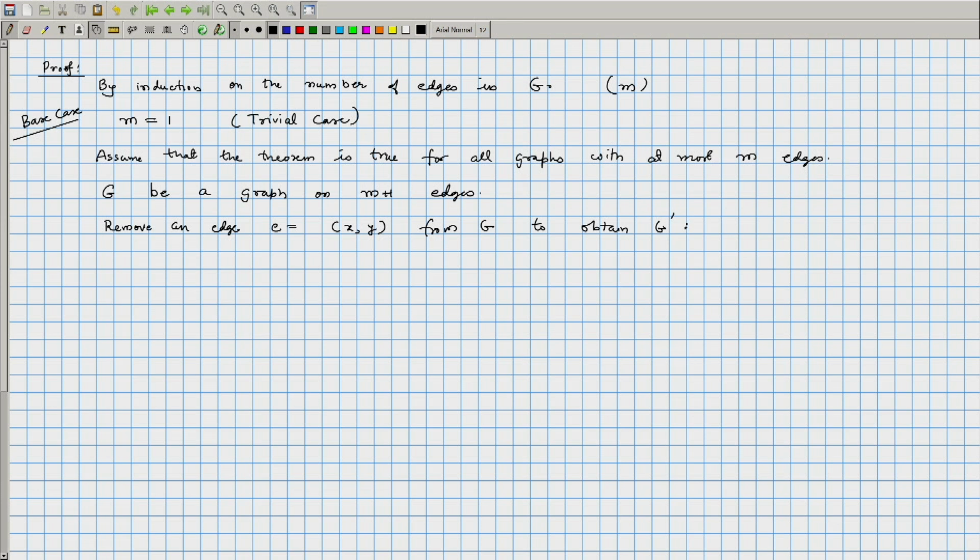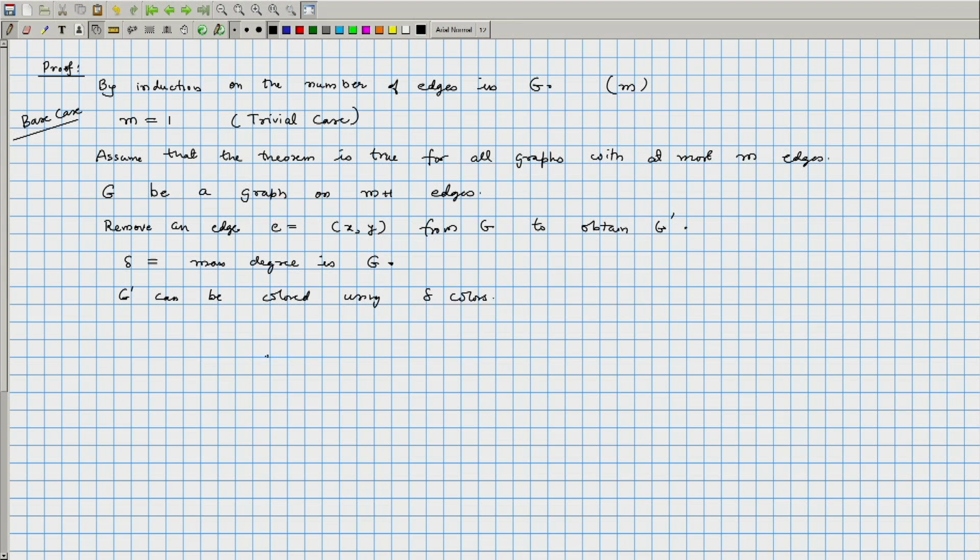Clearly, by our induction hypothesis, on the smaller graph G prime, you can color it with delta colors. Okay. So delta is the max degree in G. Clearly we can obtain a coloring of G prime which uses no more than delta colors.